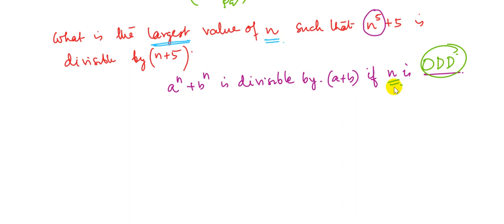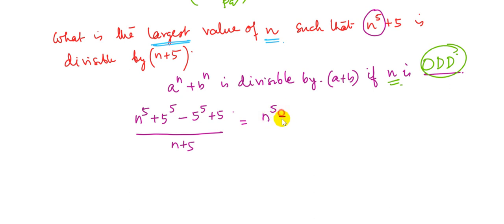So I can see that my power is odd here. The power is odd, which is 5. So I will use this concept. I can write n to the power 5 plus 5 to the power 5 minus 5 to the power 5 plus 5. Now if I divide this by n plus 5, what will I get?